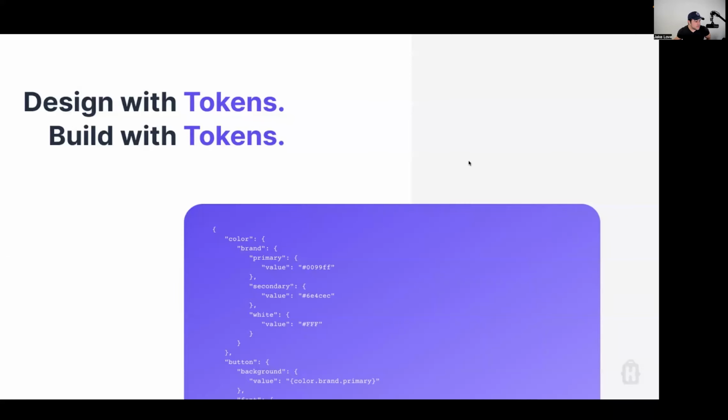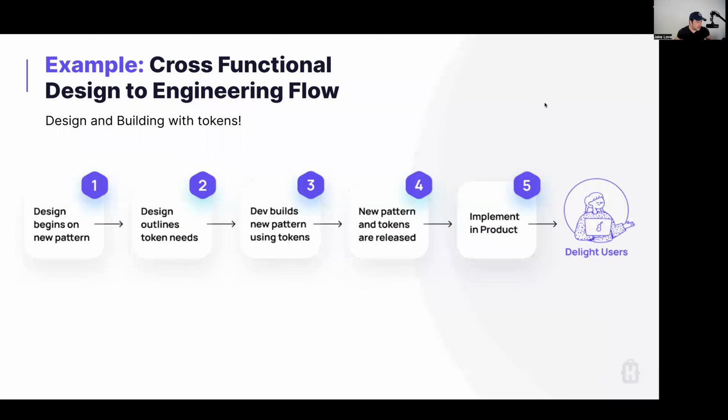So that brings us to this next slide: design with tokens and build with tokens, tokens for everyone. Let's look at this example. This is an example of a cross-functional design to engineering flow, and of how tokens can be added to the system, used, or updated.